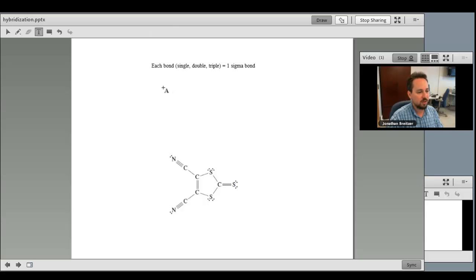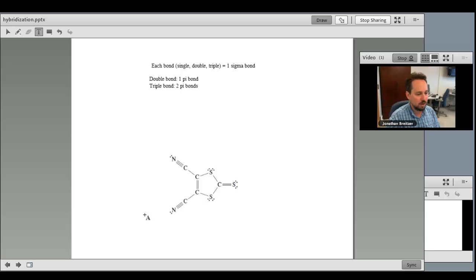And then if you have a double bond, that counts as one pi bond, and if you have a triple bond, that counts as 2 pi bonds. A double bond only counts as 1 pi bond because you counted the first bond of the double bond already as a sigma bond. And the triple bond counts as 2 pi bonds because you have a total of 3 bonds there. The first one is sigma and the other 2 are pi.